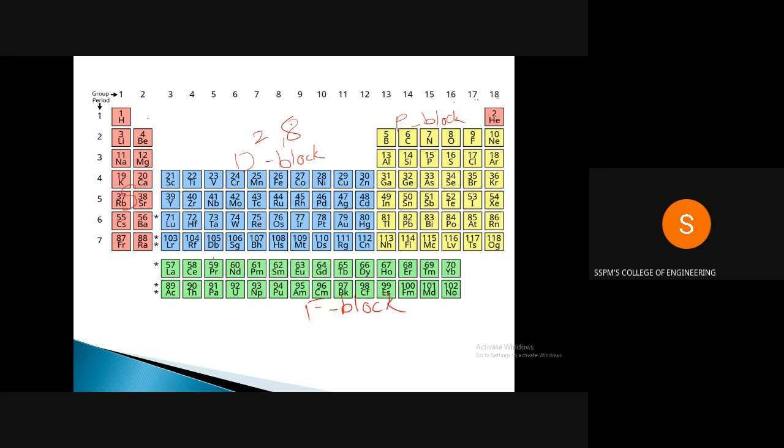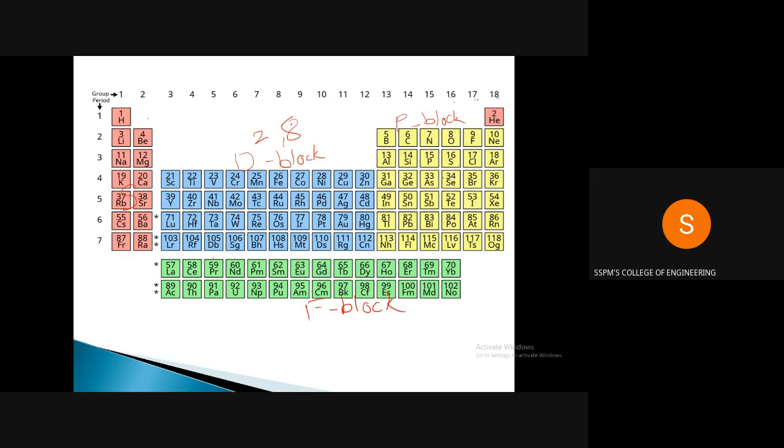When the octet is complete, then they are stable. So all elements other than inert gases or noble gases try to achieve this noble gas configuration.